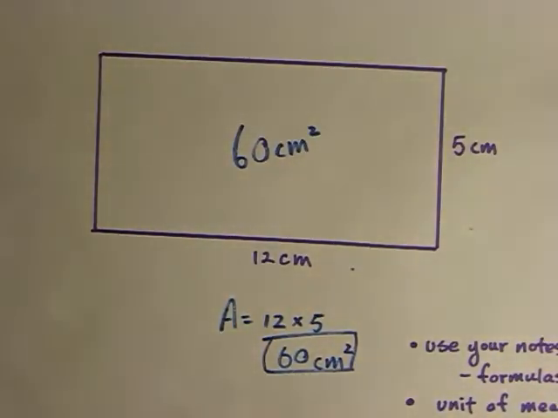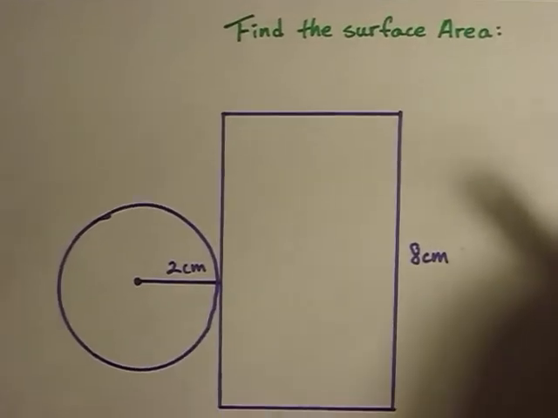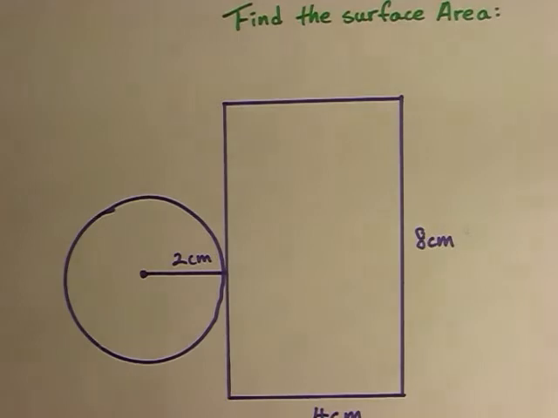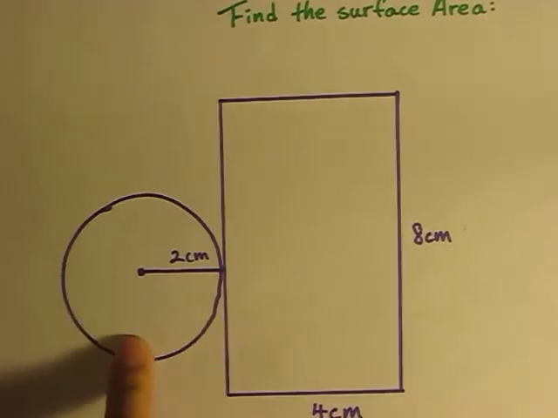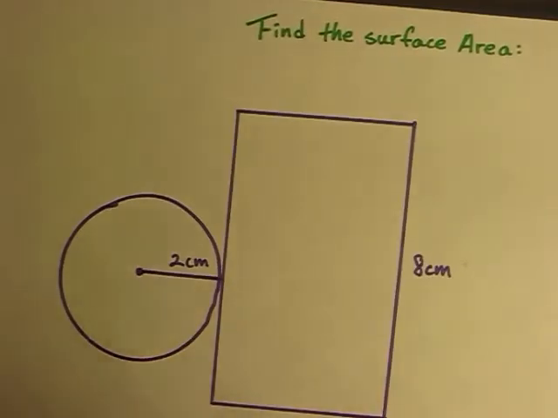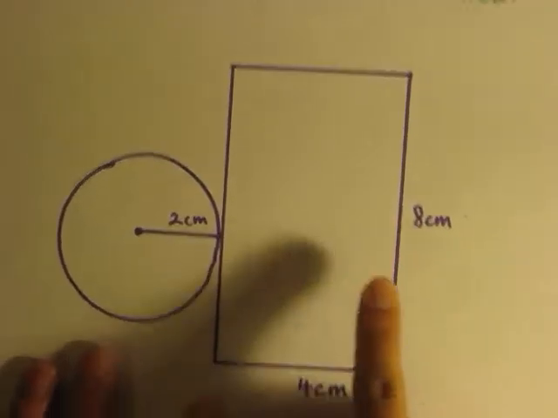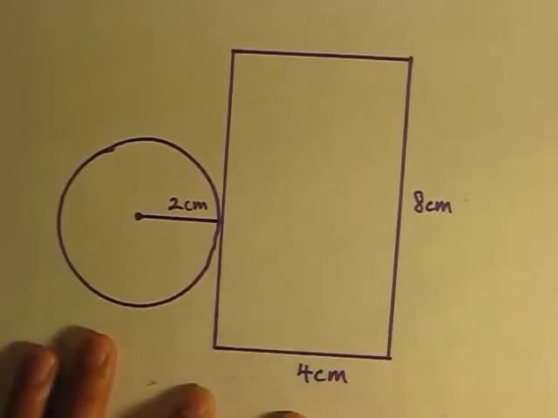Let's go ahead and look at a more complicated problem. Our second problem here is the same thing, but here again we're asked to find the surface area. Now how many shapes do we have? We have 2 shapes, right? We have a rectangle and we have a circle. Again, first things first, find the area of each shape. So again, area of a rectangle is length times width.